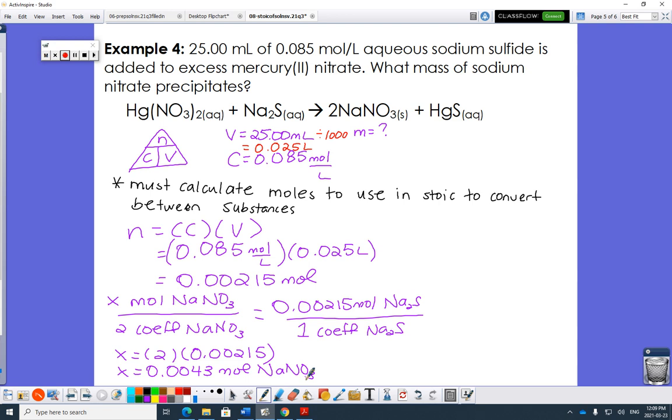And then the same thing as last time, just double check. Do I want my final answer to be concentration? Do I want the final answer to just be moles? What does the question say? It asks for mass.